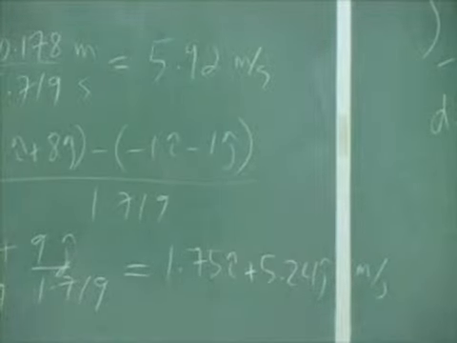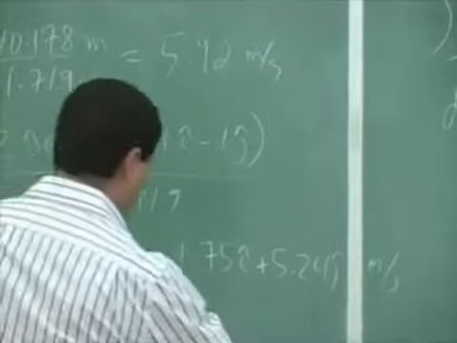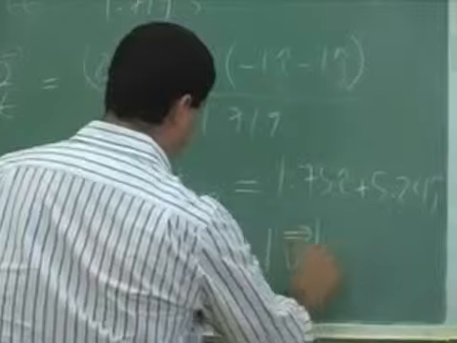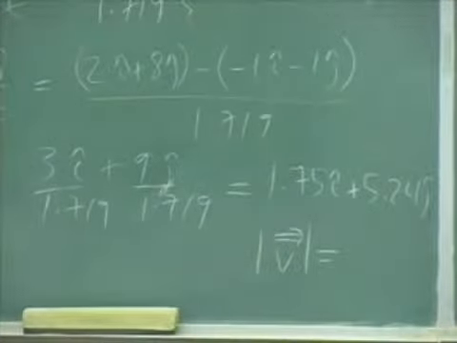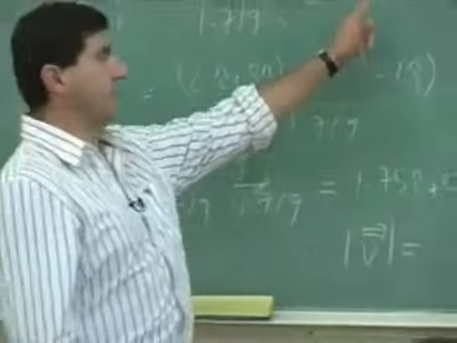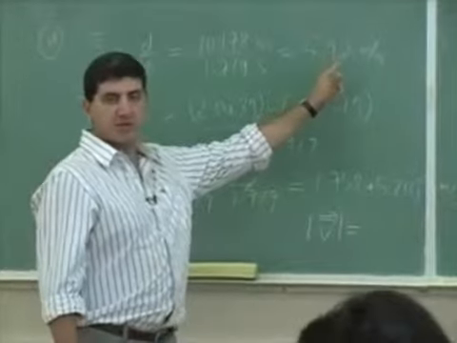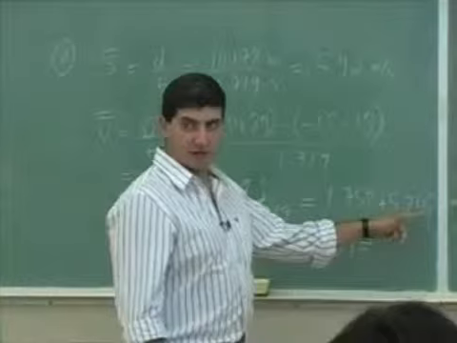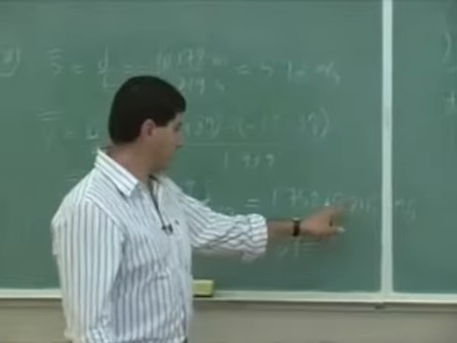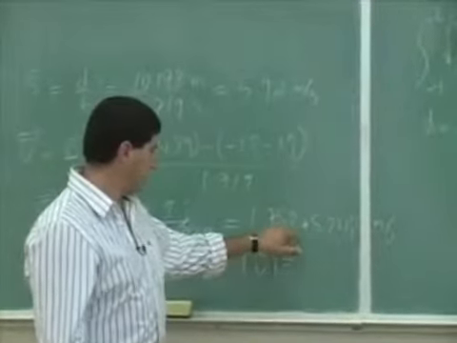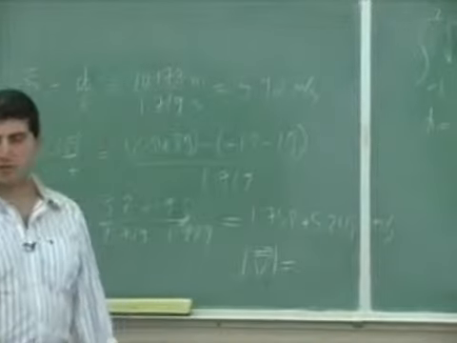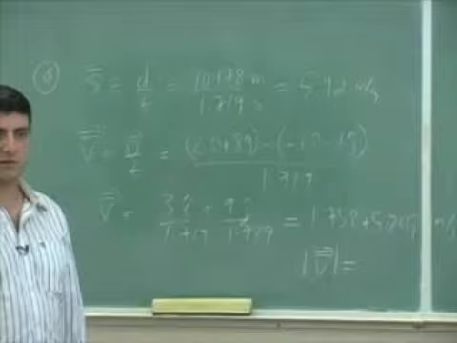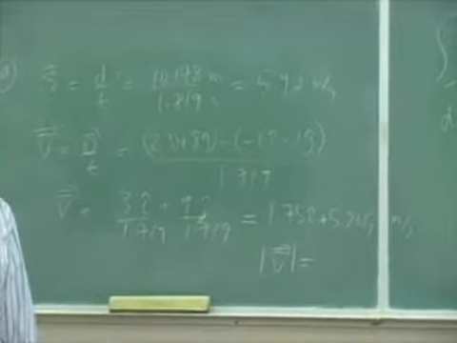Now, if I did the magnitude of this average v vector, it should come out smaller than 5.92, right? Because the displacement should be a little shorter than distance. So that's kind of one quick way to check your answer here. Do that. Square this, square that, add them, square root it, and you should get less than 5.92.